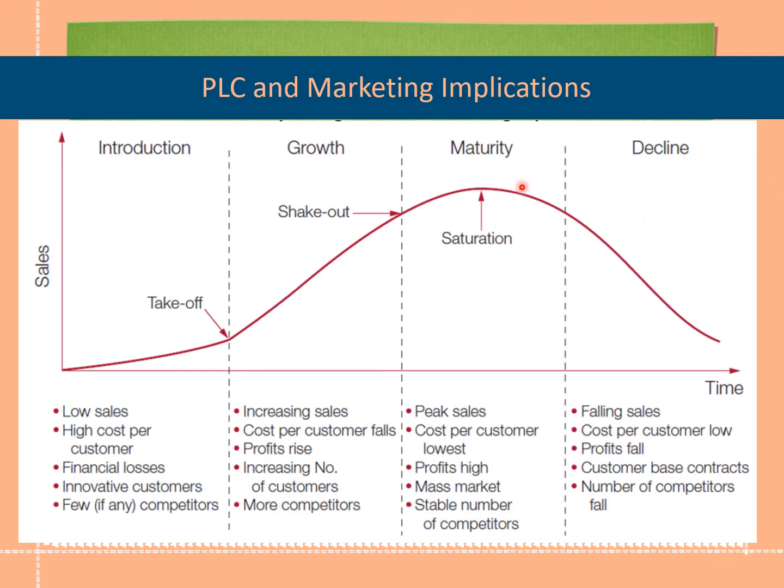And you know that a product is at the decline stage when you see that less and less people are demanding that kind of product, or the technology has been outdated. So people no longer buy, and in the end there is no longer such a thing.